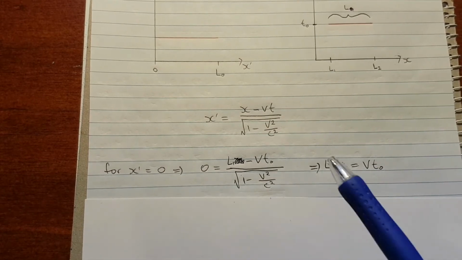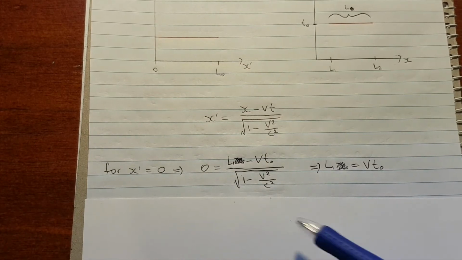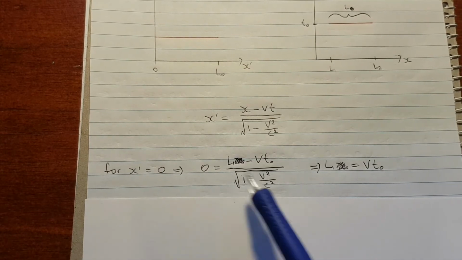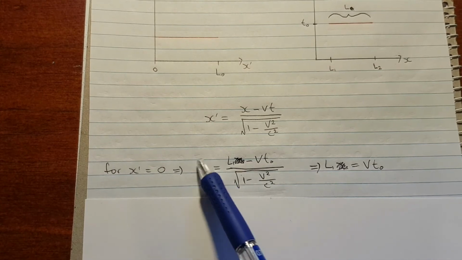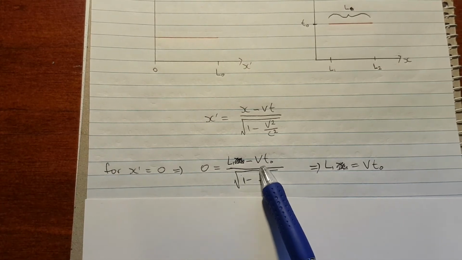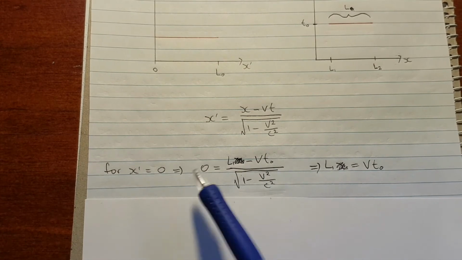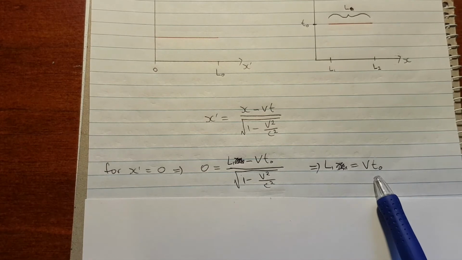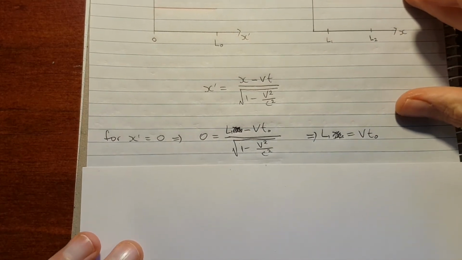You're not taking your snapshot at t equals 0, you're just taking it at some arbitrary time t0, again divided by this square root term. We can multiply both sides by this square root term, so you just get 0 on this side. You'll end up with 0 equals L1 minus v times t0. So we can move the v times t0 over, and we'll have L1 equal to v times t0. Okay, that's what we've got for our point L1.